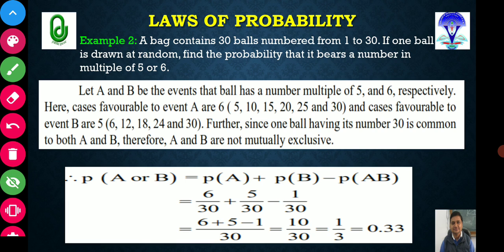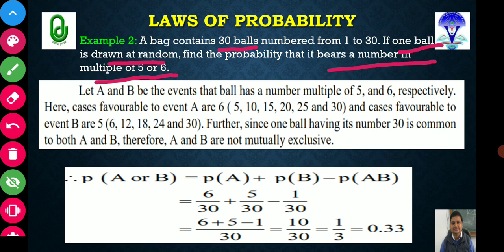See this, there is one bag which contains 30 balls, and the balls have been numbered from 1 to 30, that means 1 2 3 4 5 up to 30. Now what is the question telling? If one ball is drawn at random, suppose I am drawing one ball at random, what is the probability that it bears a number multiple of 5 or 6?